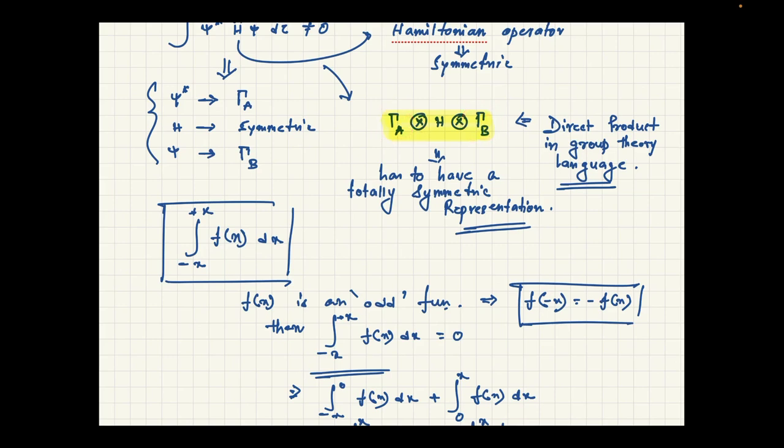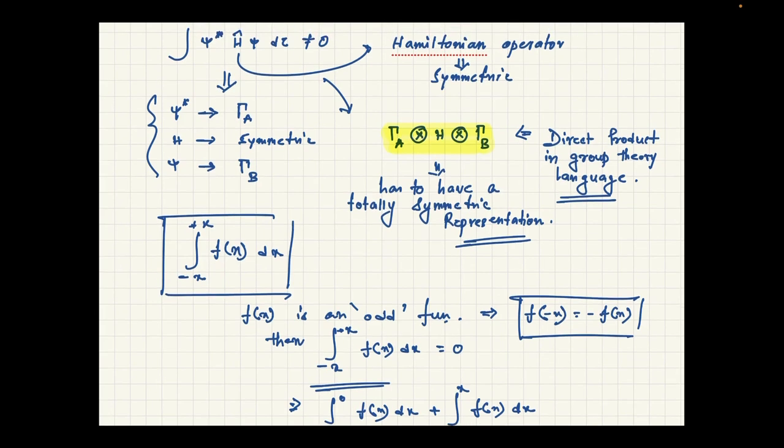So basically the take home message is that if you want to get a non-zero value of this type of integration, then in the group theory language, the direct product between the three irreducible representations will have a totally symmetric representation. So here eigenfunctions can act as a basis for an irreducible representation.